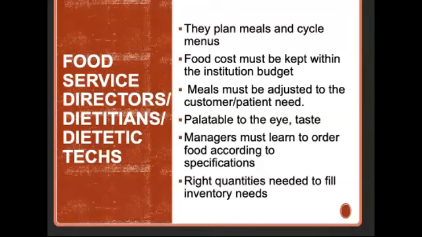Managers, like if you are managing a food service facility, or even if you are the dietetic director on any hospital, or a rehab home, or a house that has old people in it, you are going to have to learn how to order food according to specifications also.